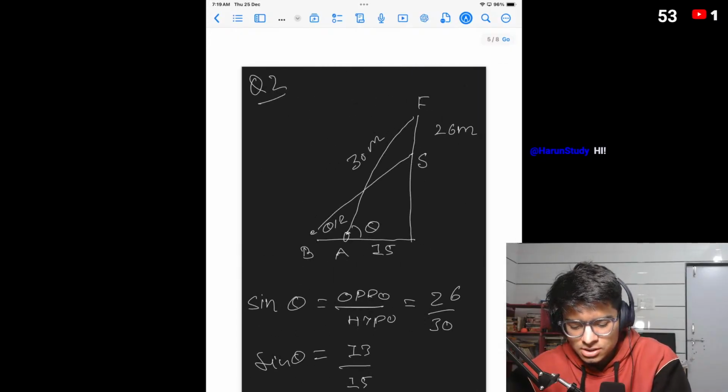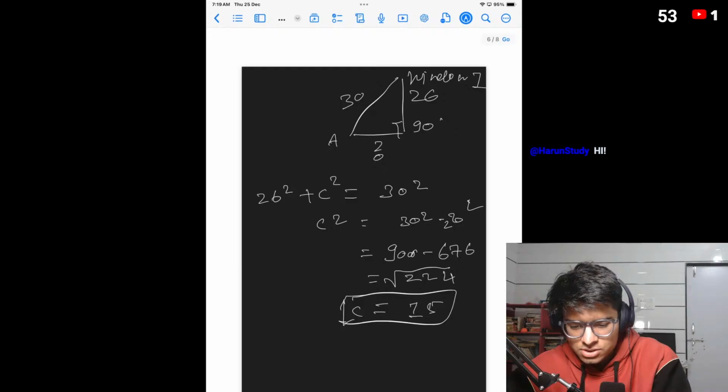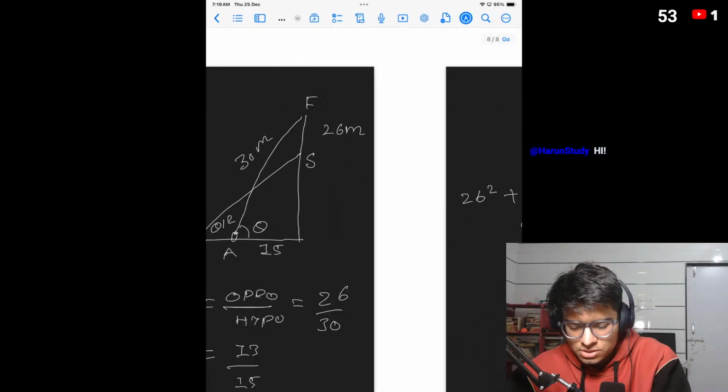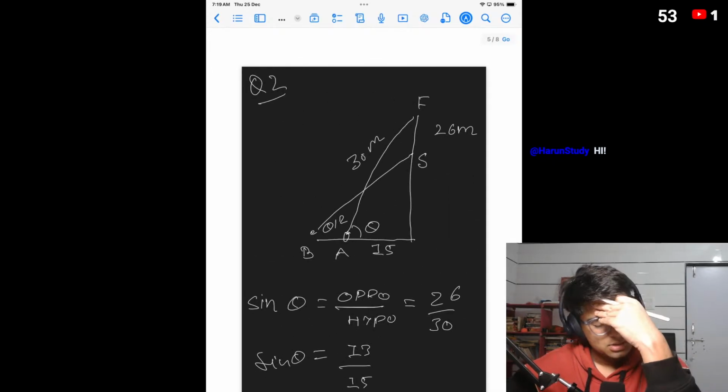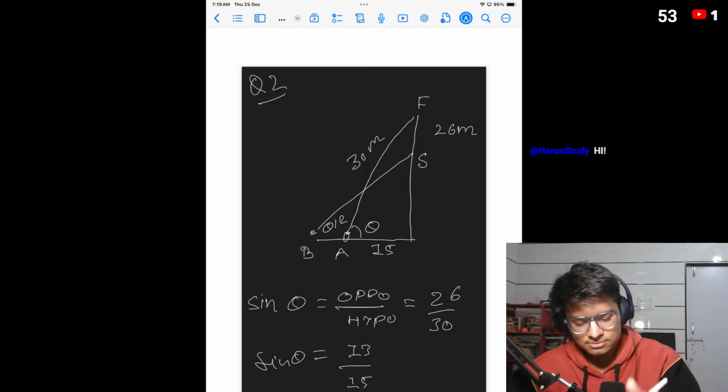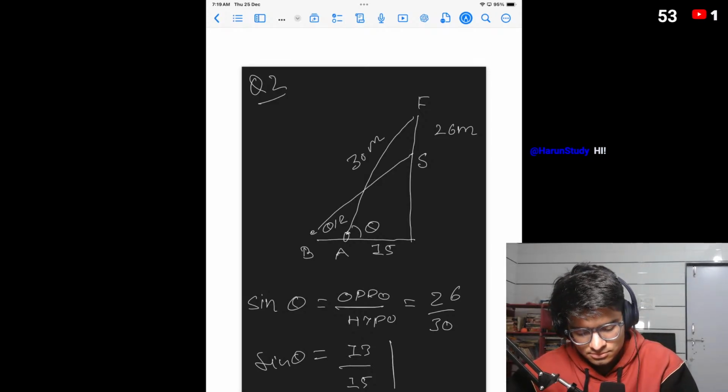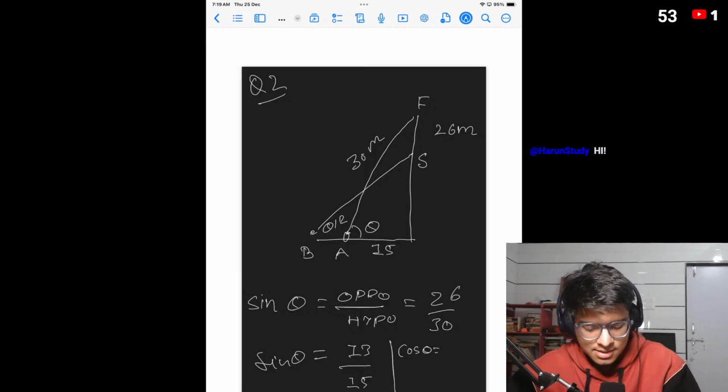We didn't derive cos theta, but cos theta is adjacent side upon hypotenuse. Adjacent side is 15, so basically 1 by 2.